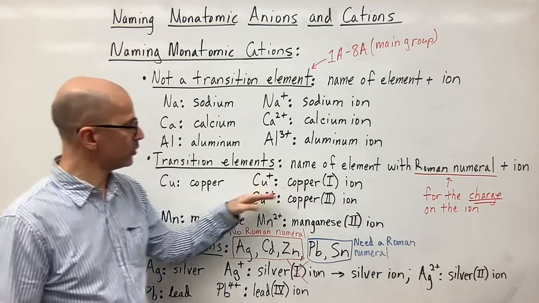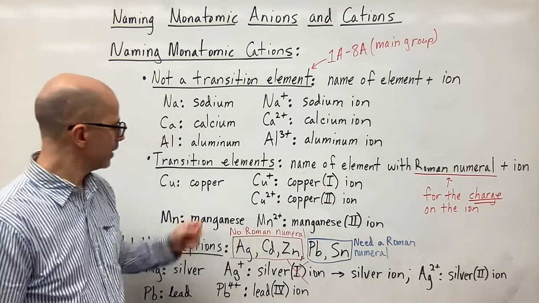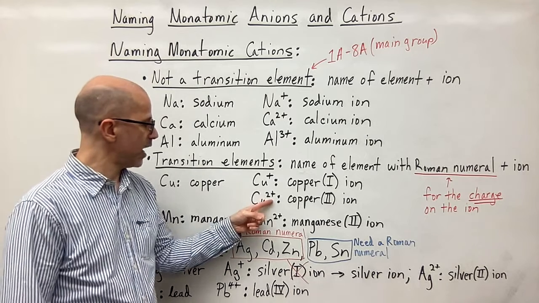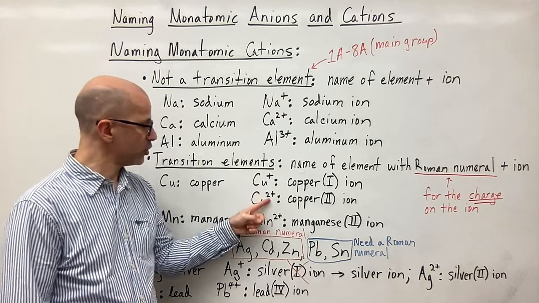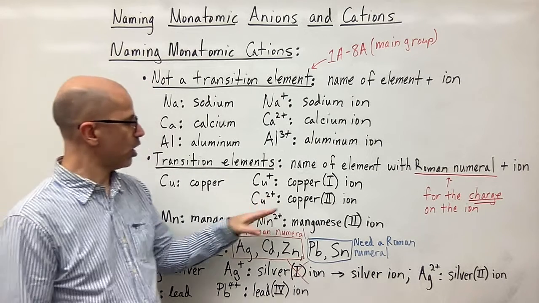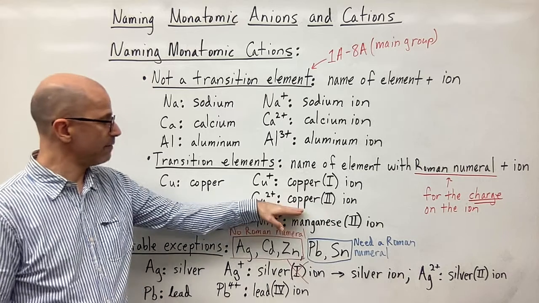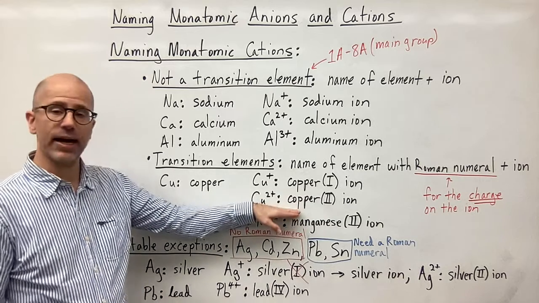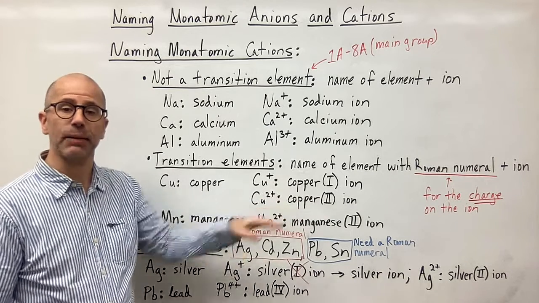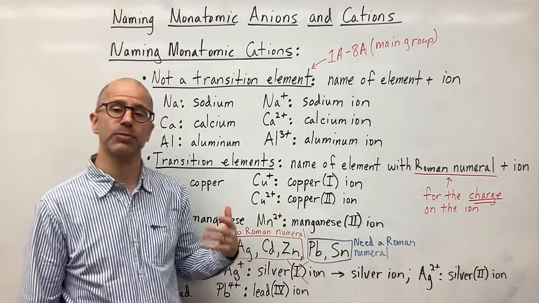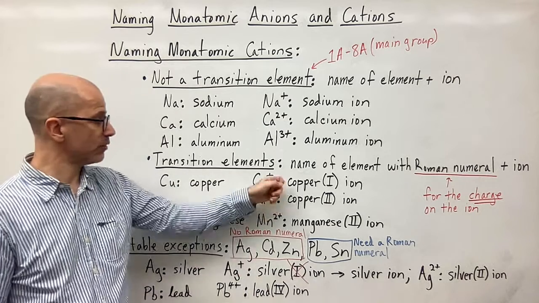So we call it the copper 1 ion. The Cu2+ ion has a charge of 2+, and so we call it the copper 2 ion. So we need to identify which ion we're talking about, so we name them differently. They've got to have different names because they're different ions with different charges.